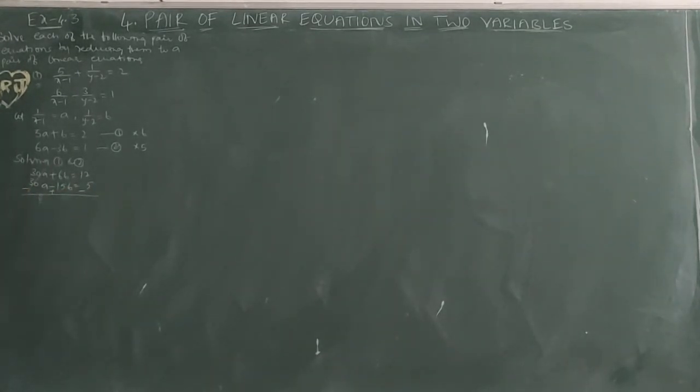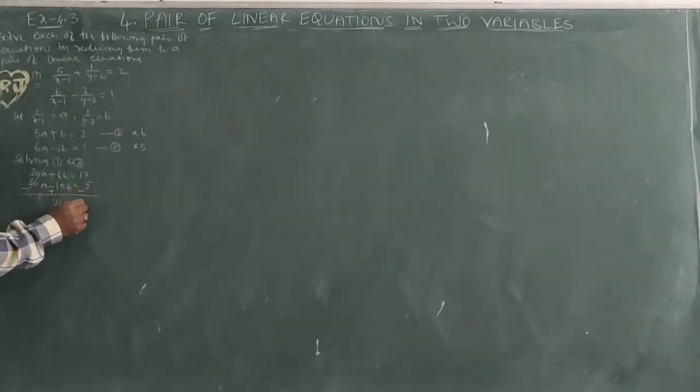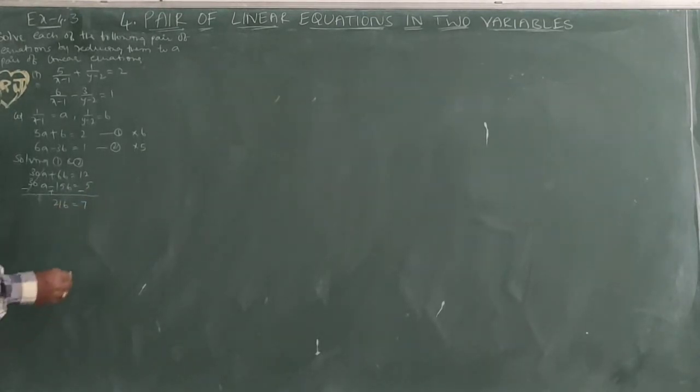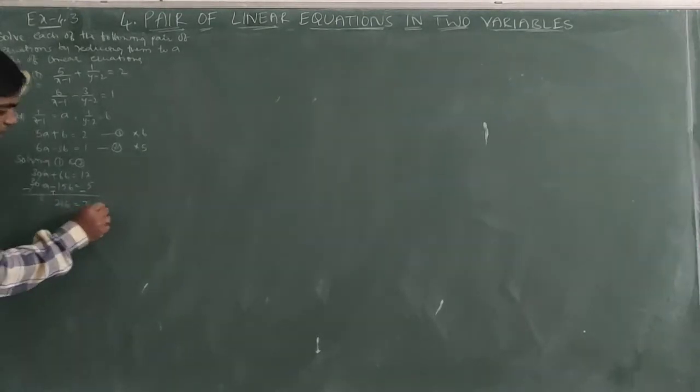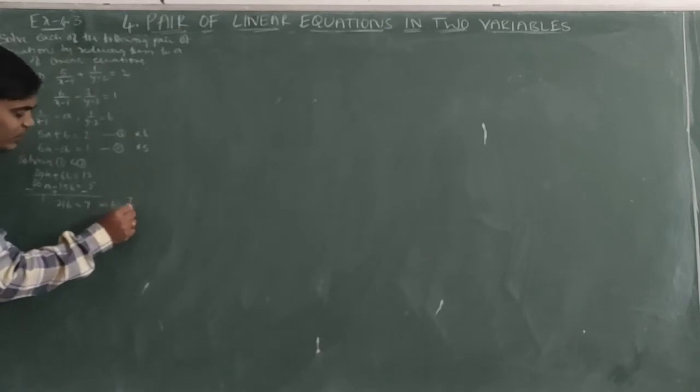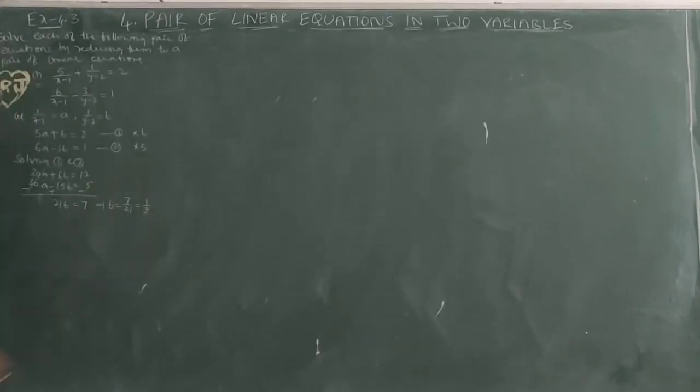So 30a cancels. Next, 15b plus 6b, 21b equal to 12 minus 5, 7. So 21b equal to 7, b equal to 7 by 21 equal to 1 by 3. So the b value is 1 by 3. Put it in any of the equations.